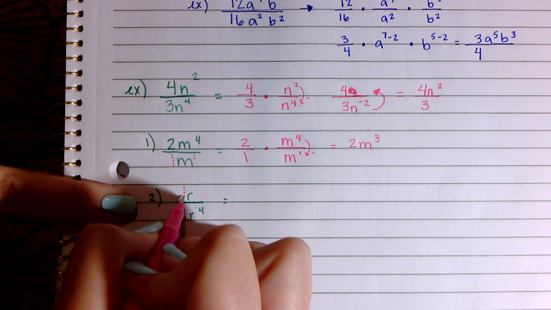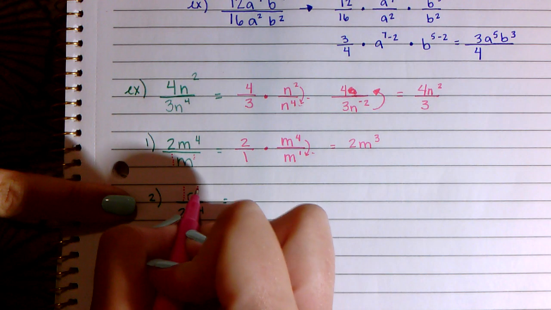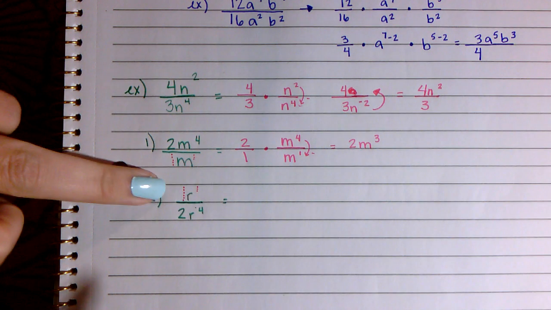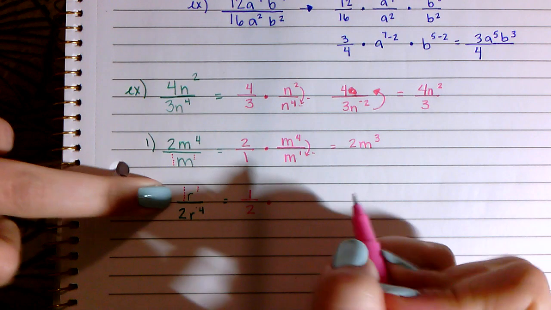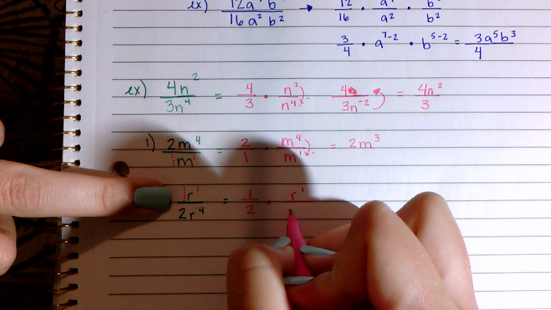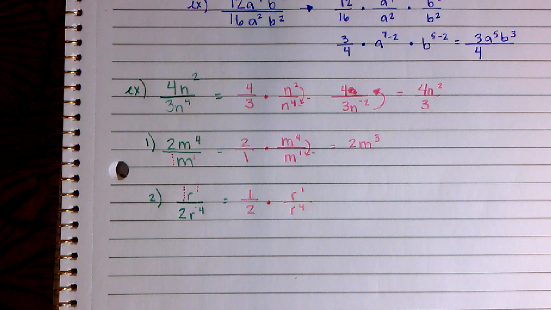Let's write the imaginary 1 that's in front of that, 1 times r, to the power of 1. Again, no one ever writes those things, but they're there. So we have 1 divided by 2, and that's being multiplied by r to the 1st power divided by r to the 4th power. So we split up our numbers and our letters.